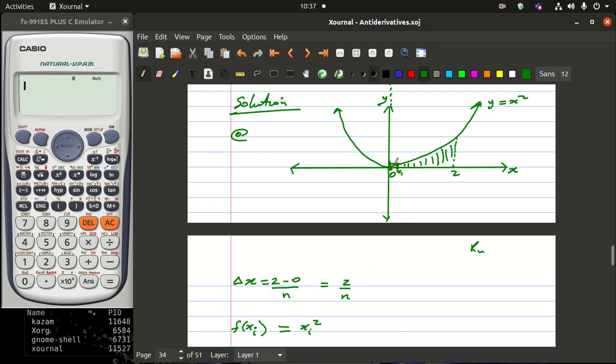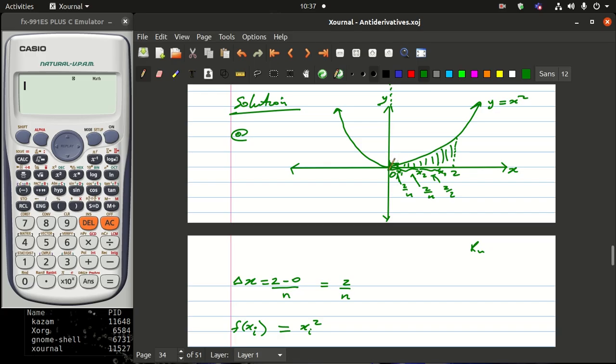To move from here to x2, this is also going to be 2 over n. And to move up to x3, this is also going to be 2 over n. So what is basically happening here?